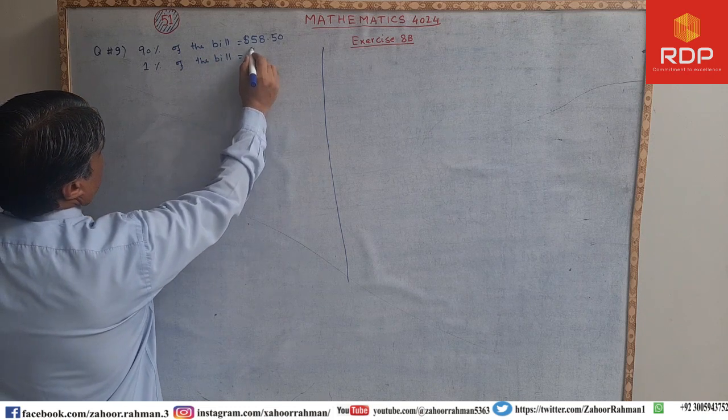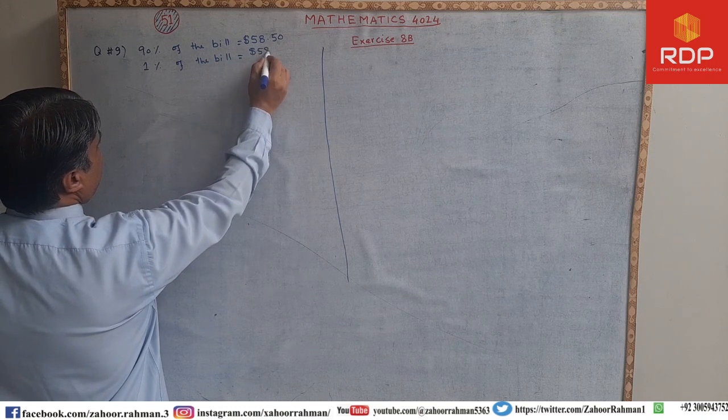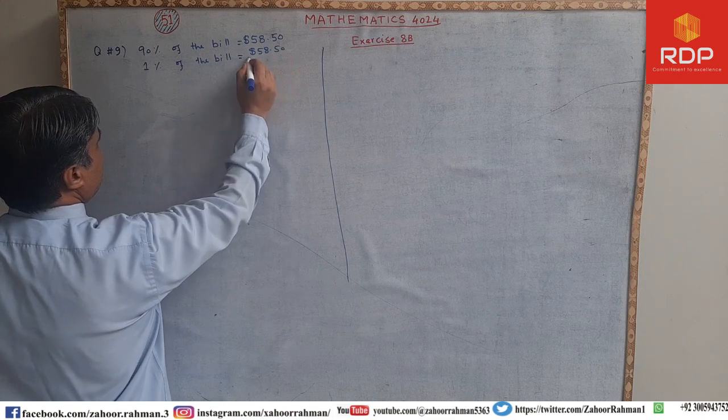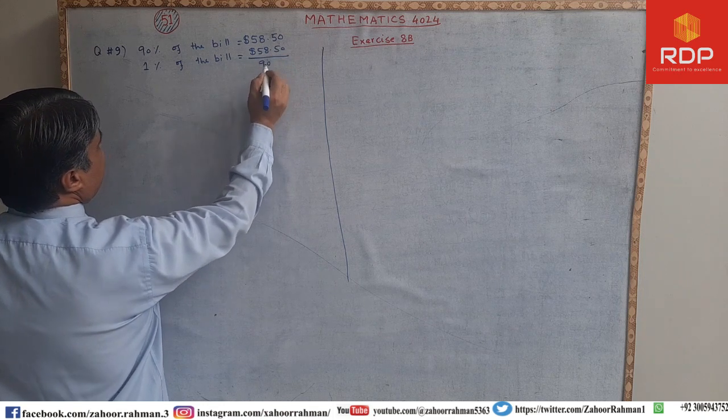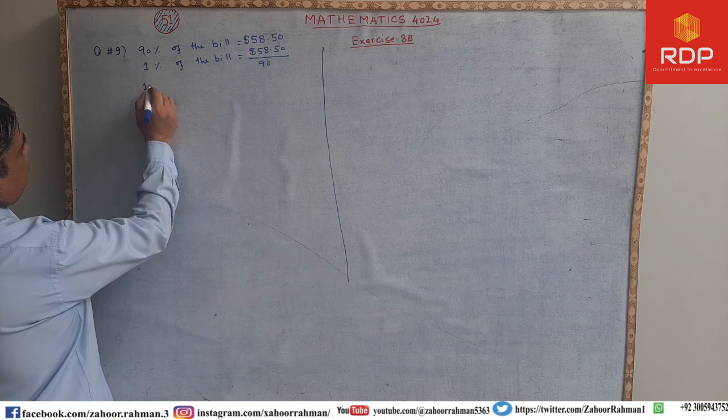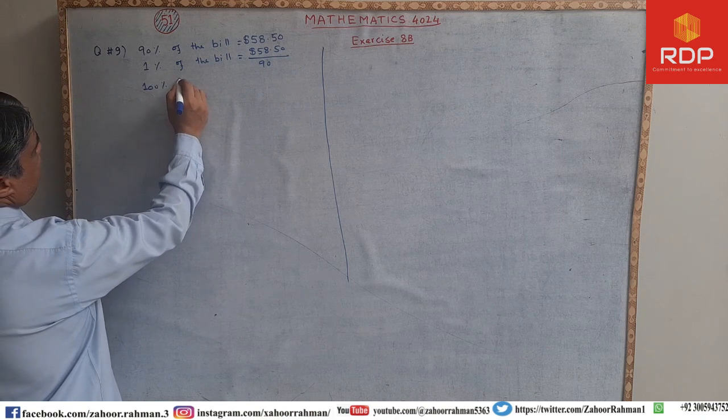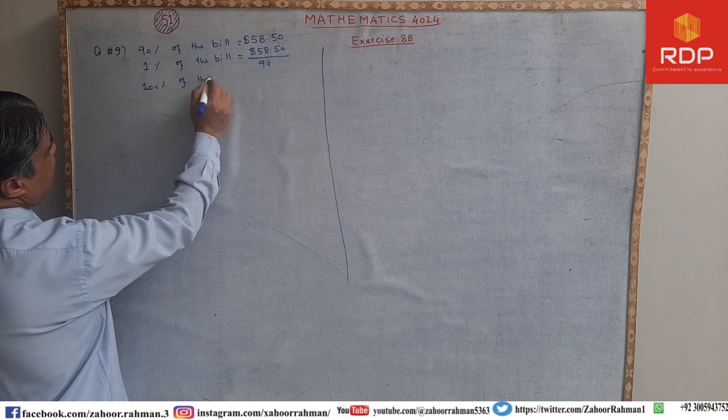is equal to $58.50 divided by 90. So what will be the 100% of the bill?